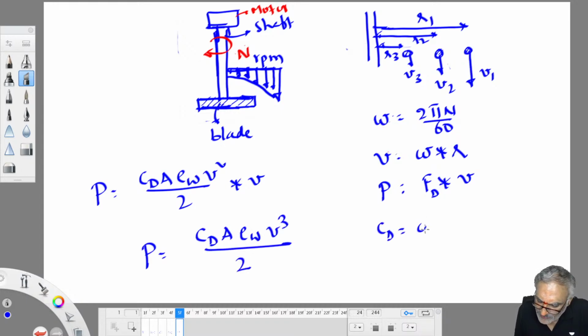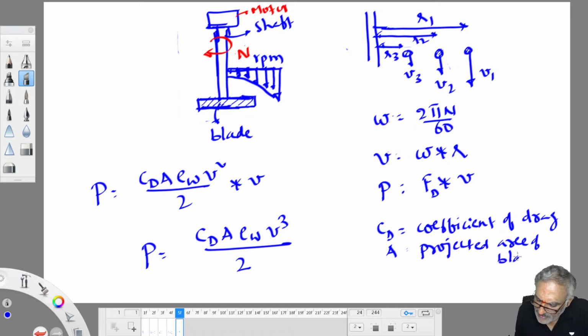Where Cd is the coefficient of drag, A is the projected area of the blade, rho_w is the density of water, and V is the velocity of the fluid elements.